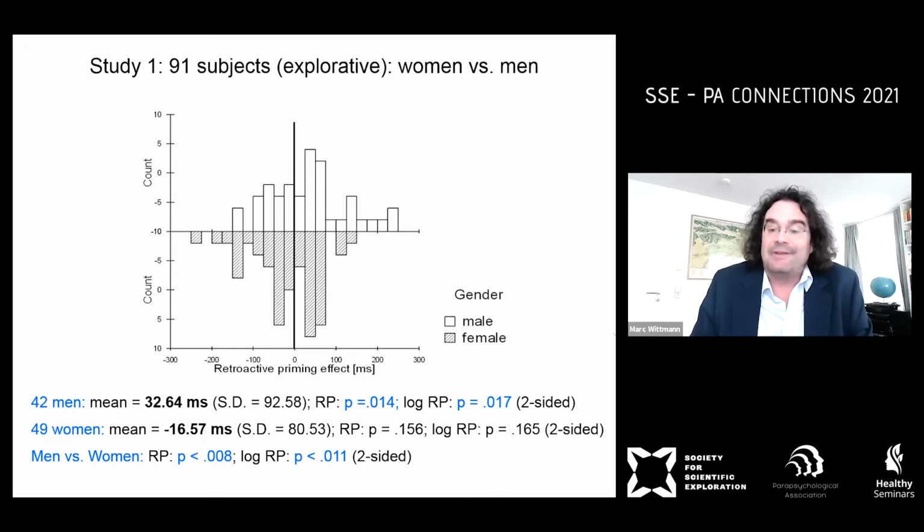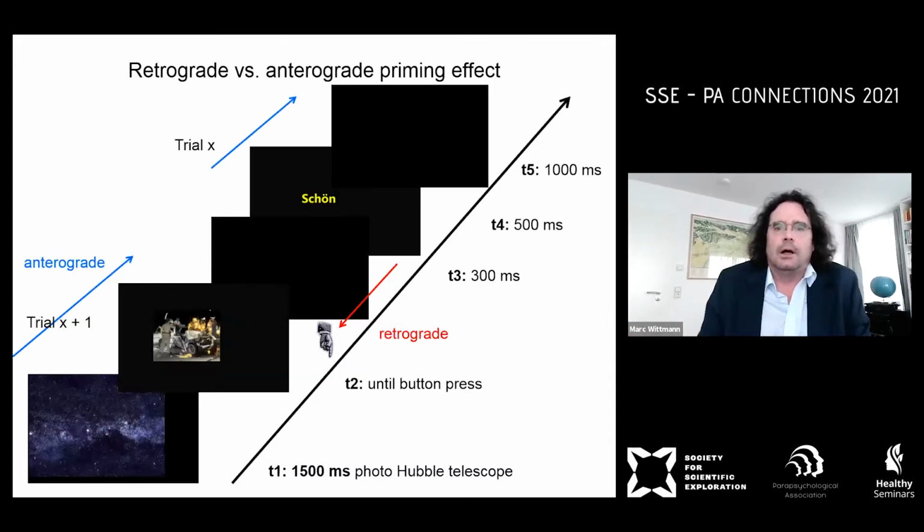And women have a tendency for a negative effect, which doesn't reach significance. And if you calculate men versus women, we again have a significant difference between men and women. So we find a significant effect only for men.